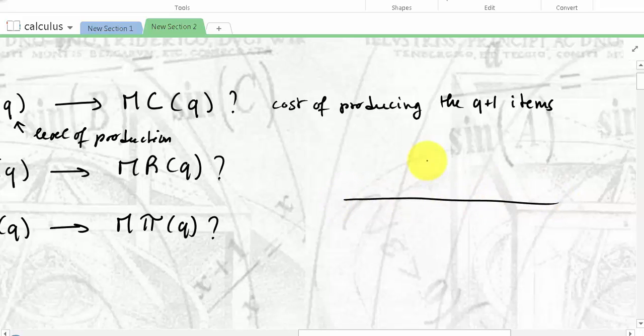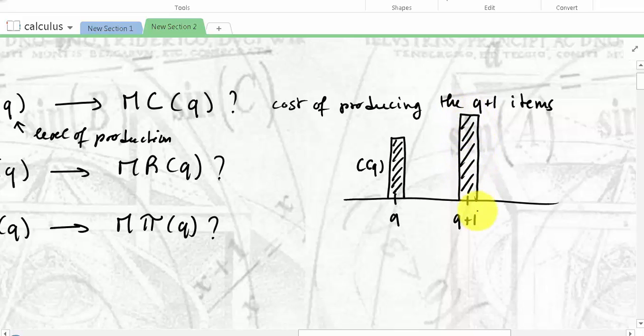Suppose this is the total cost of producing Q items, the height of this segment right here. And suppose the height of this segment represents the cost of producing Q plus 1 items.